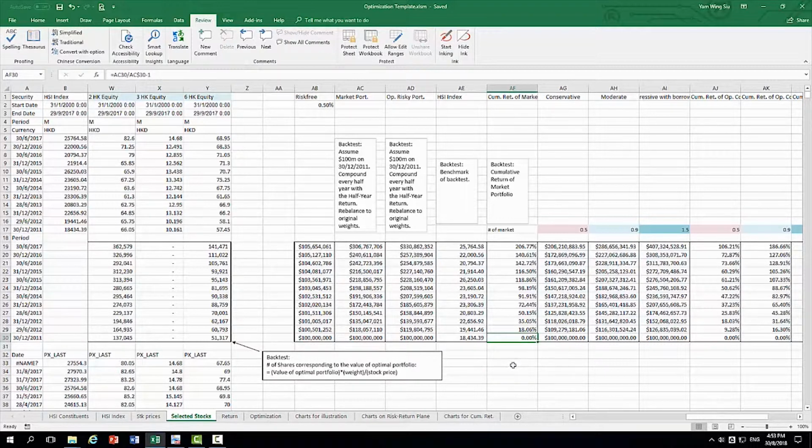For conservative investor, we know that he will invest half of the money to market portfolio and half of the money in the risk-free rate. So this would be the portfolio value for a conservative investor, which is 50% of this and 50% of this.